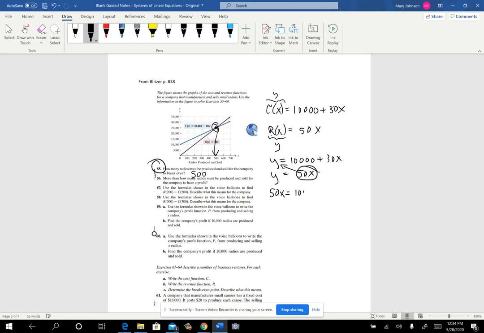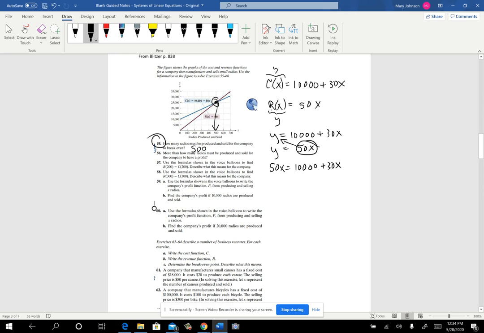I just want you to have a sense of why we learn about systems of equations. Here's one example of why. A lot of times we're interested in where the break-even point would be. Now we'll finish by solving for x. We wind up with 20x equaling 10,000.